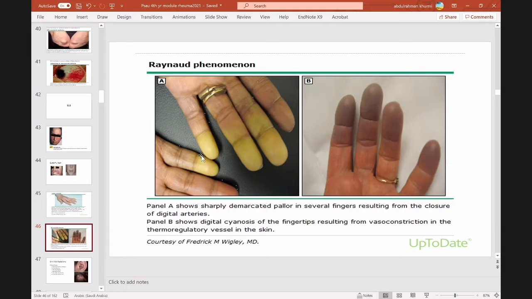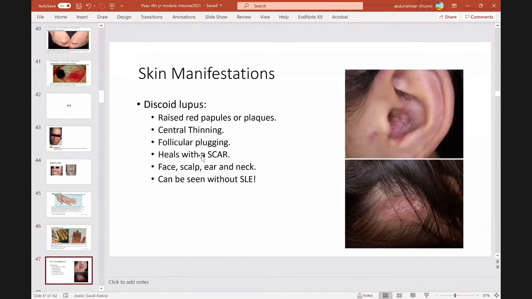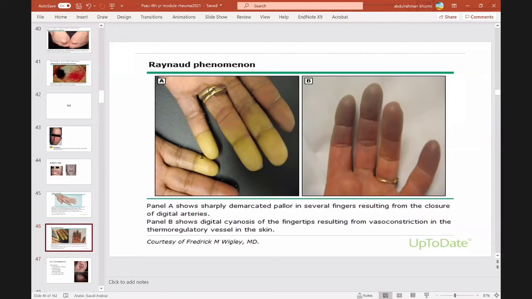Is that clear, guys? Doctor, this is a symptom, not a disease. It can come as primary idiopathic Raynaud phenomenon, or it can come as secondary to either lupus or systemic sclerosis or to other illnesses.